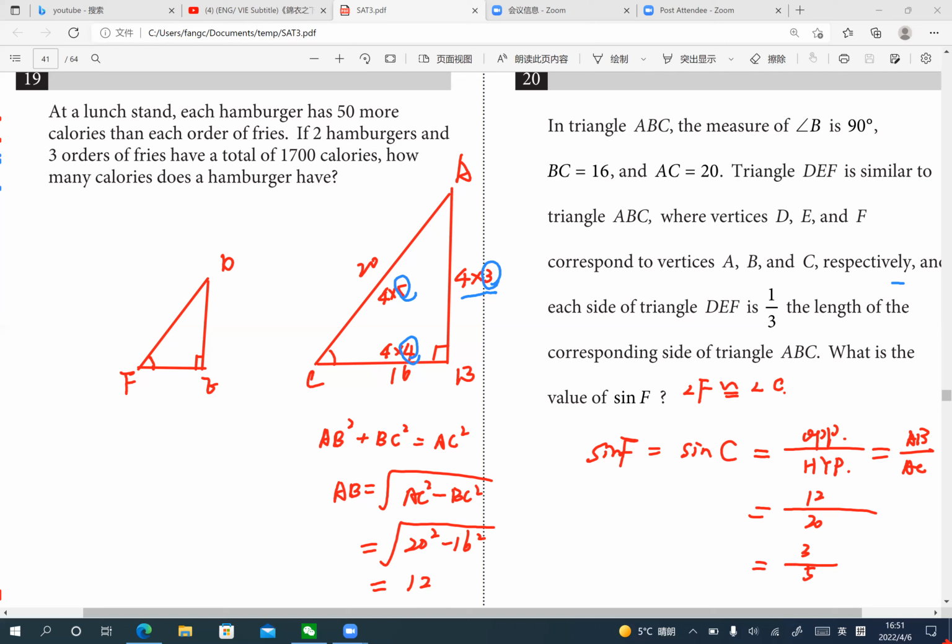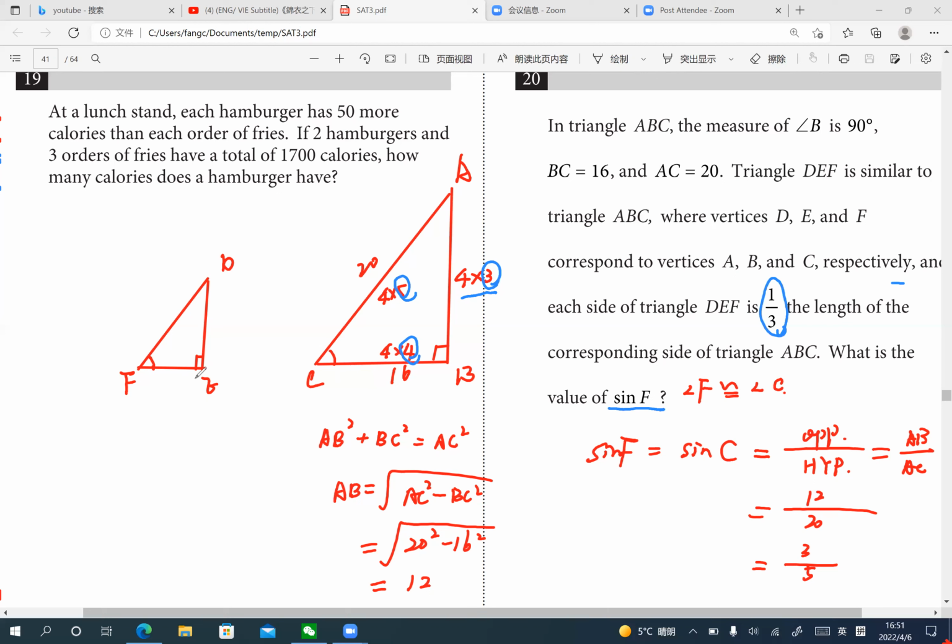Continue. Because triangle DEF is similar to triangle ABC, and they give us the scale factor is 1/3, each side of triangle DEF is 1/3 of the length of the corresponding side of triangle ABC. The question is, what is the value of sine F?